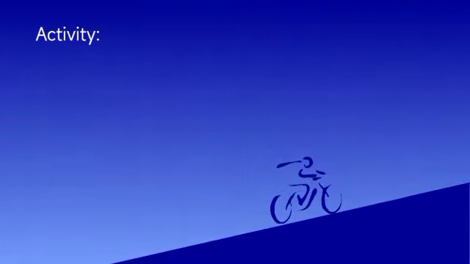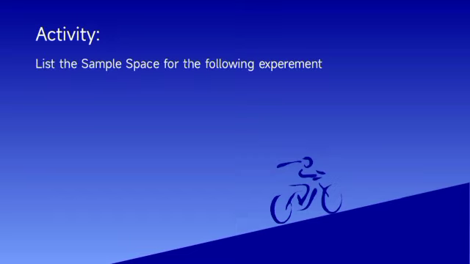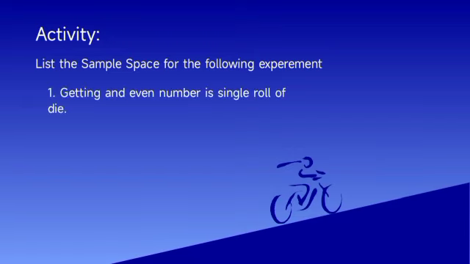So let's try to apply the knowledge that we learned from the four different terms of probability. Okay, list the sample space for the following experiment. Number 1. Getting an even number in a single roll of a die. If you roll a single die, what is the sample space of getting an even number?